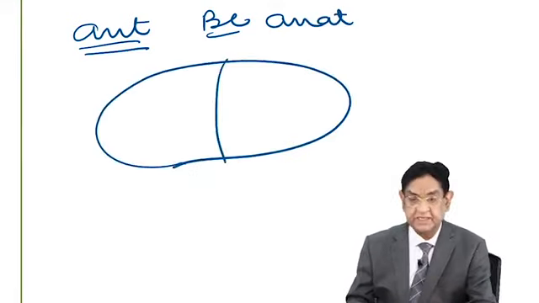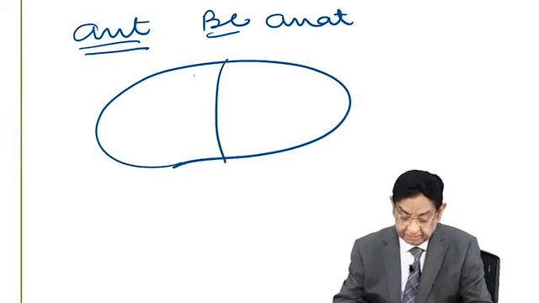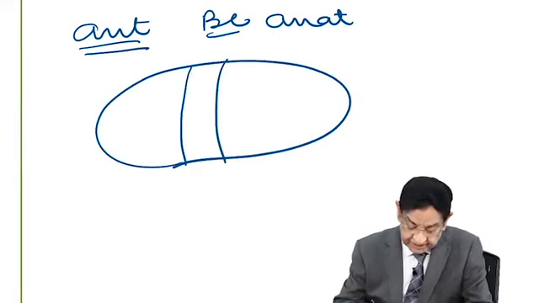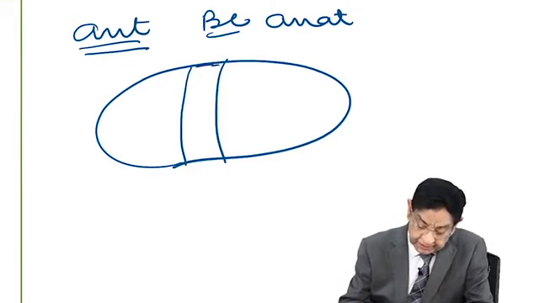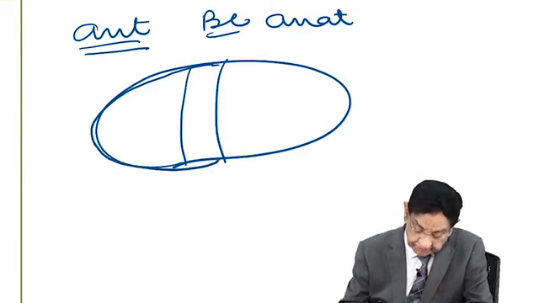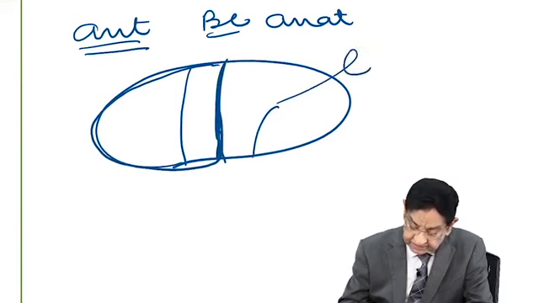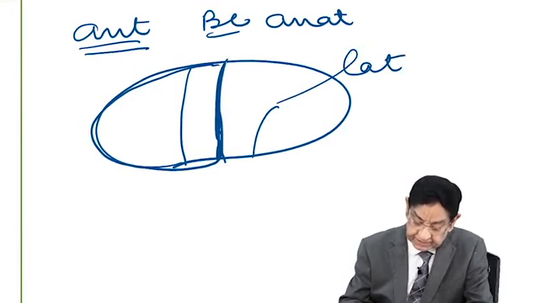This is the central sulcus. The part which lies in front is the frontal lobe. This is the lateral sulcus. This is the central sulcus.